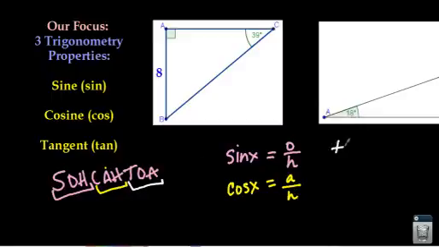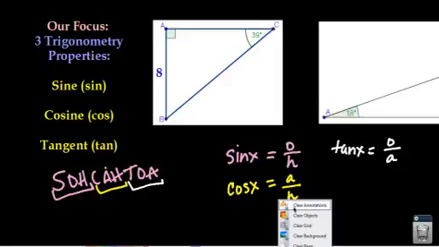So the tangent of some angle is equal to the opposite side divided by the adjacent side. So basically, both sine and cosine utilize the hypotenuse, whereas tangent does not. It's the only one that doesn't use the hypotenuse when you're trying to calculate using that property.